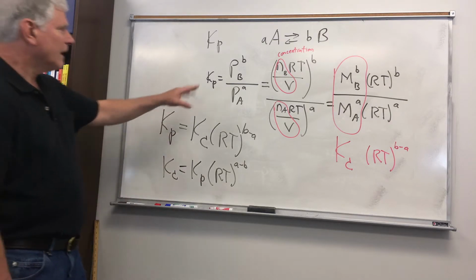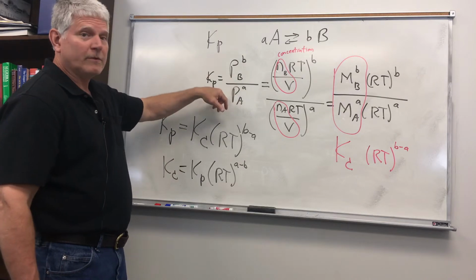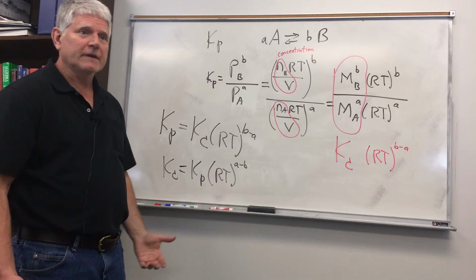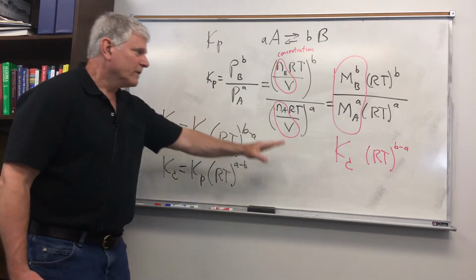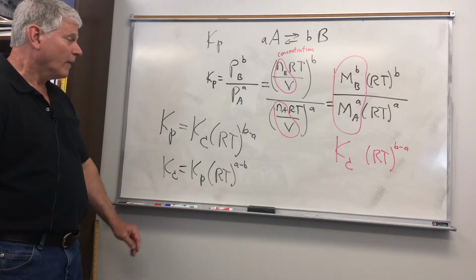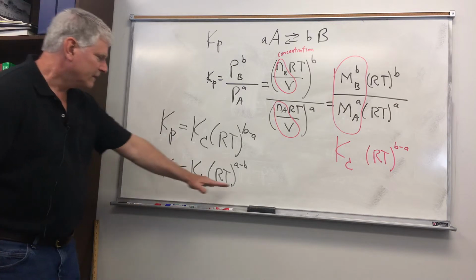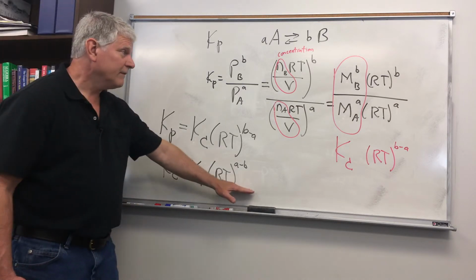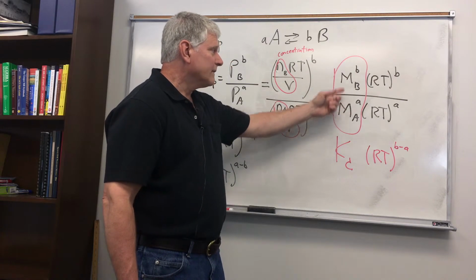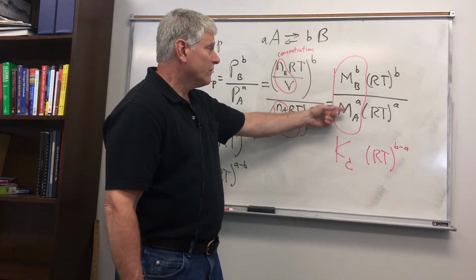Now you'll notice that I wrote it in my abbreviated form. I haven't divided by the standard pressures. We'd have to divide by standard concentrations to get the units to cancel, but I didn't want to complicate it too much, so I wrote it in my abbreviated form. Remember, we're just dividing by standard concentrations, 1 molar, so that these units will cancel.